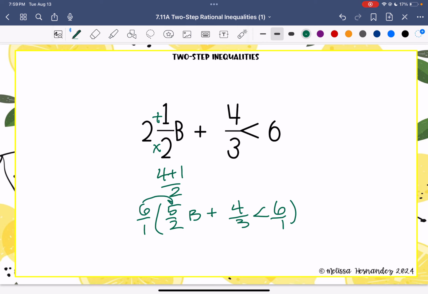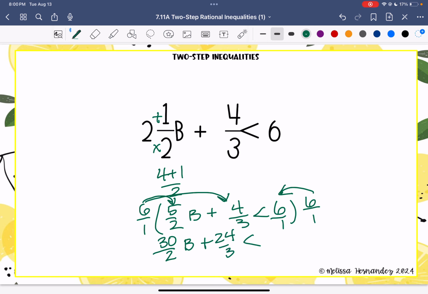I will distribute it to everything inside. Once I distribute it, I'm going to get rid of all those ugly fractions. So this is 6 times 5, which is 30. 1 over 2. 1 times 2 is 2, so this is 30 over 2 times b. Okay. Then you end up with 24 over 3.